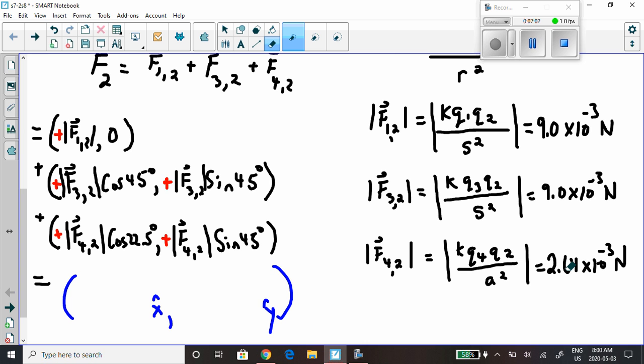Here's the magnitude. So for charge Q4's electric force on charge Q2, we get the magnitude. The direction is positive, but now it's cos 22.5 degrees on that. And the y direction is positive, but we have sine 22.5 on that.